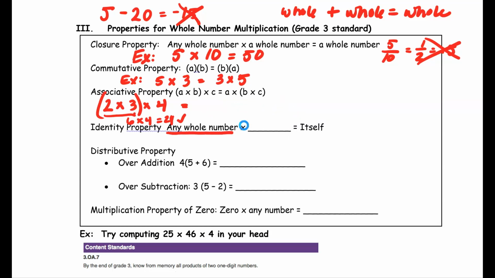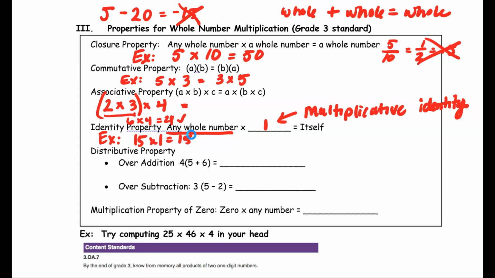So any whole number times 1 is itself. So 1 is called the multiplicative, it's a fun word to say, multiplicative identity. Okay, so for example, 15 times 1 is 15. Multiplying by 1 keeps the number the same.